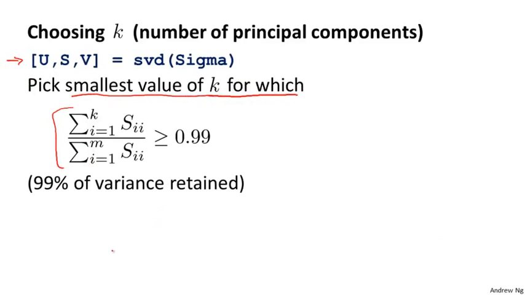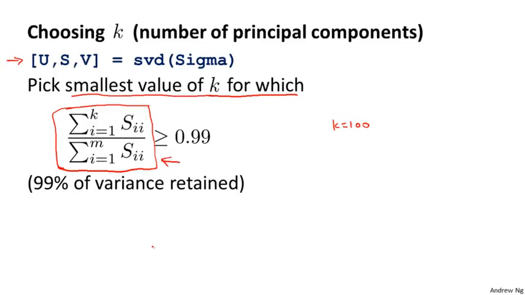And by the way, even if you were to pick the value of k manually, maybe I have 1,000-dimensional data and I just want to choose k equals 100, then if you want to explain to others what you just did, a good way to explain the performance of your implementation of PCA is to take this quantity and compute it, and that will tell you the percentage of variance retained.